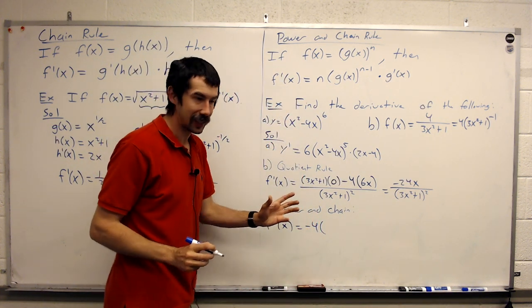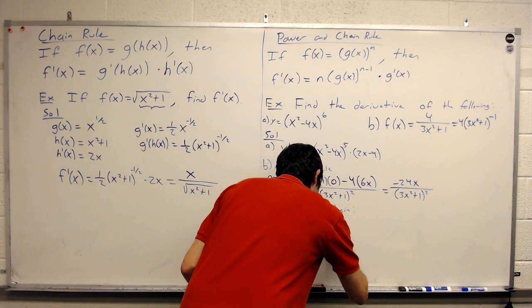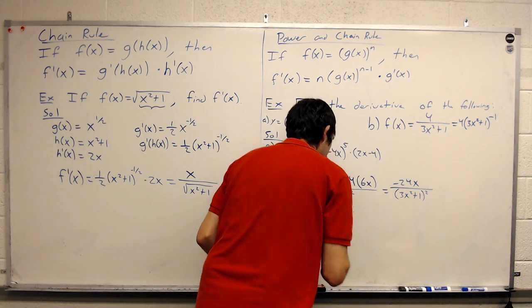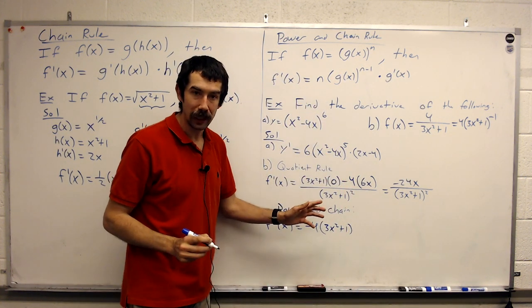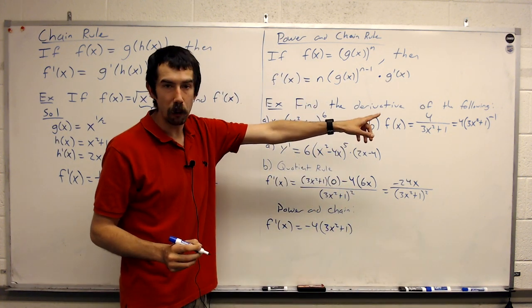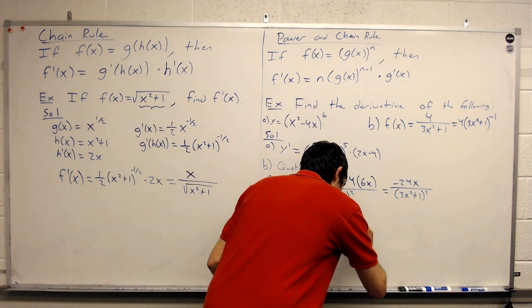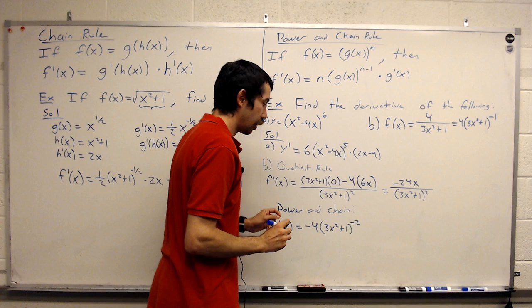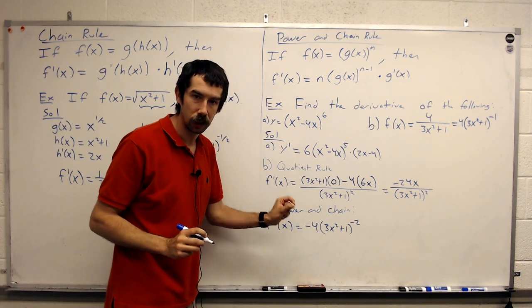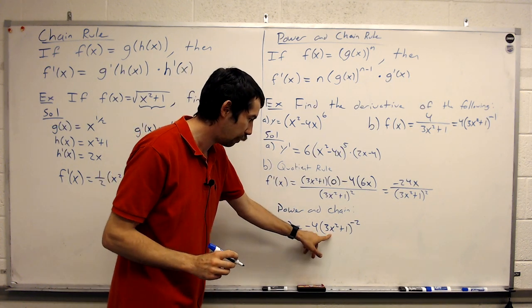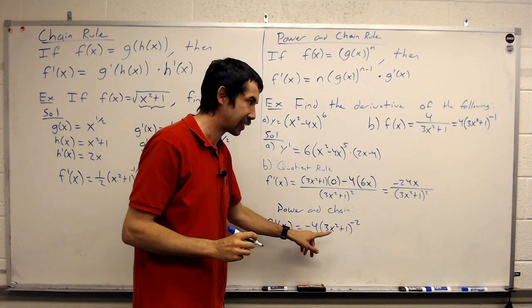Do not touch the inside. Subtract 1 from the exponent. Negative 1 minus 1 is not 0, it's negative 2. Multiply by the derivative of the inside. The derivative of the inside is 6x.